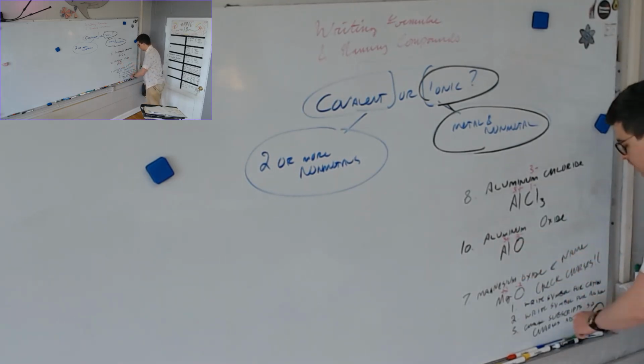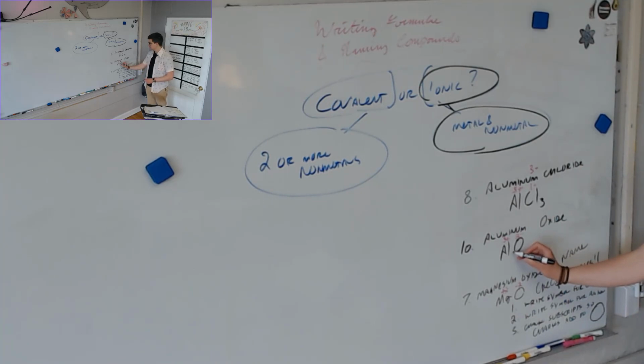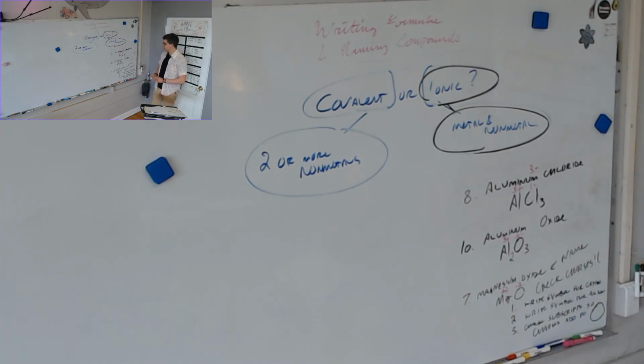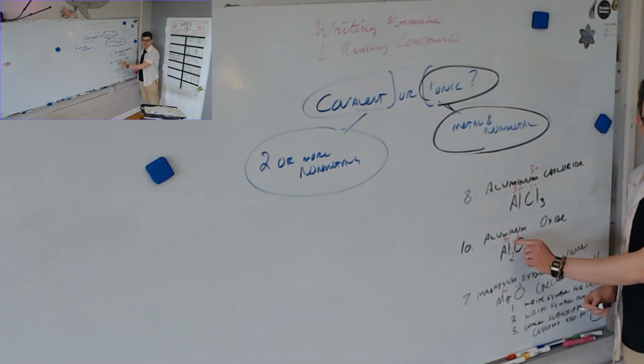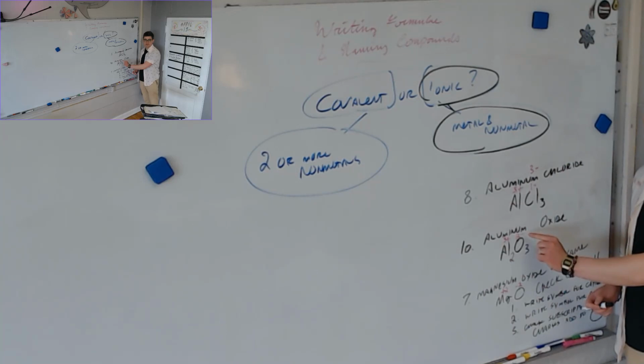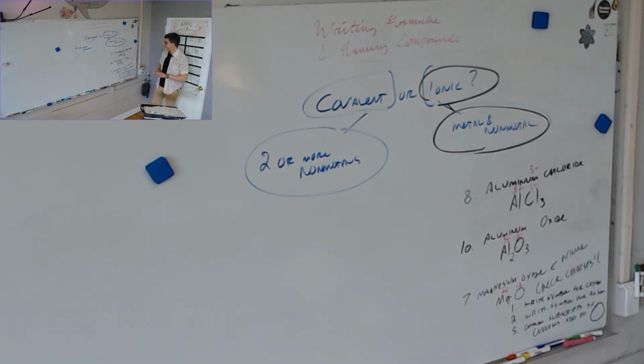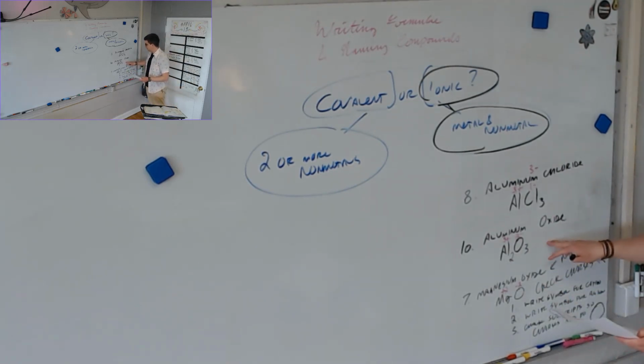So we multiply the aluminum by 2 to make it 6 plus, and the oxygen by 3. Al2O3 is correct. 2 times 3 is 6 plus, 3 times 2 minus is 6 minus, those add to 0. You may have to rewatch the video or do some more examples, but that's as hard as these get for the binary ionic compounds.